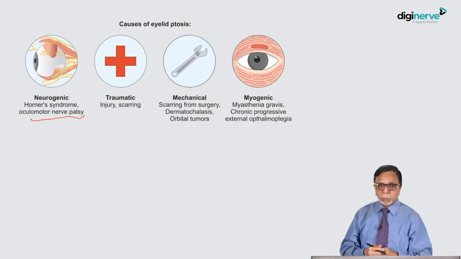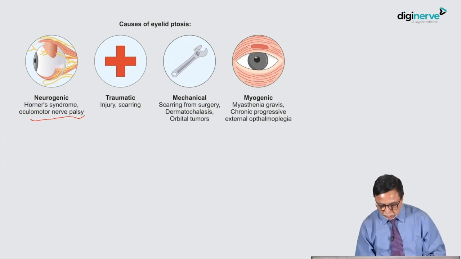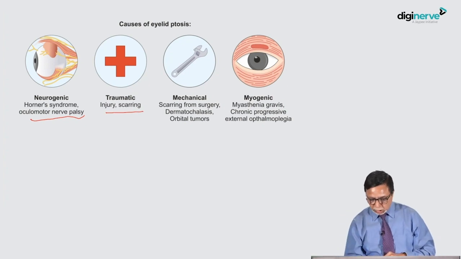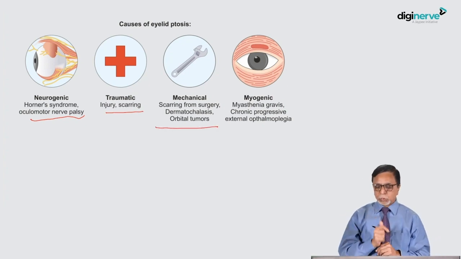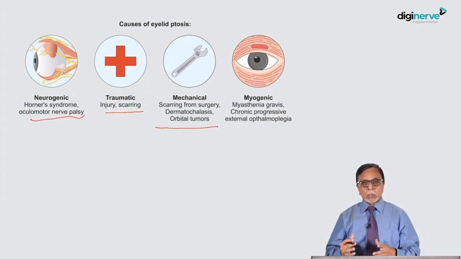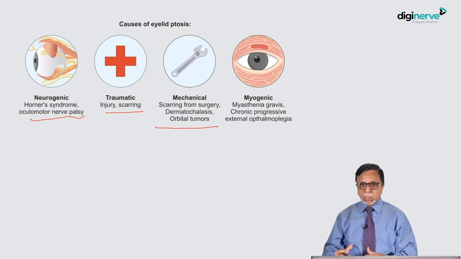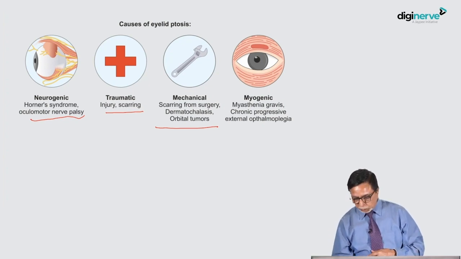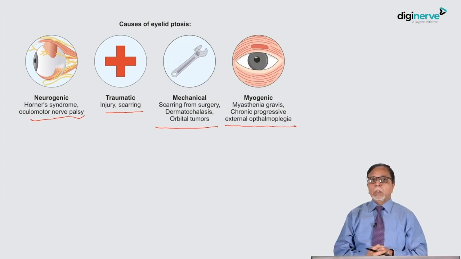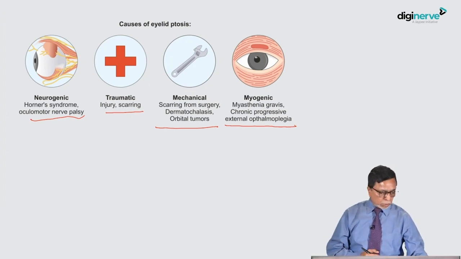The others are like traumatic injury, which is local scarring, I said, because of ocular causes. Or if somebody has had cataract surgery or something, then also ptosis can be there. Myogenic, because of mitochondrial cytopathy, myasthenia gravis, progressive external ophthalmoplegia, which occurs in CPEO, what we call, in mitochondrial cytopathies.